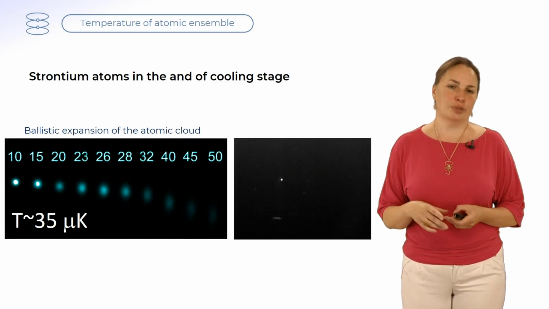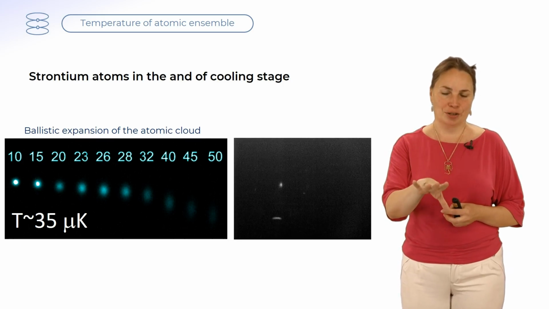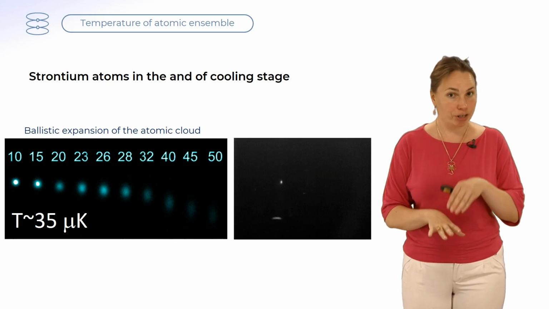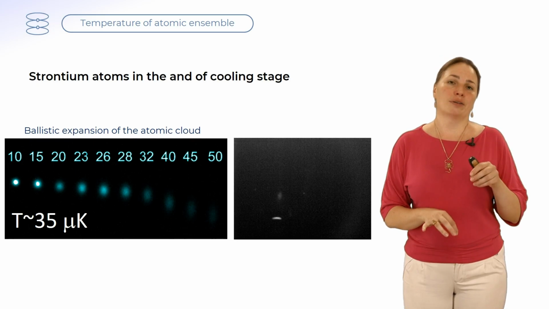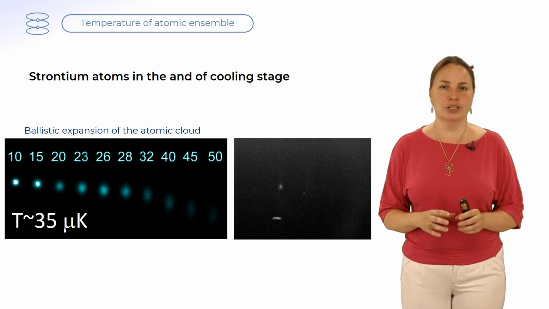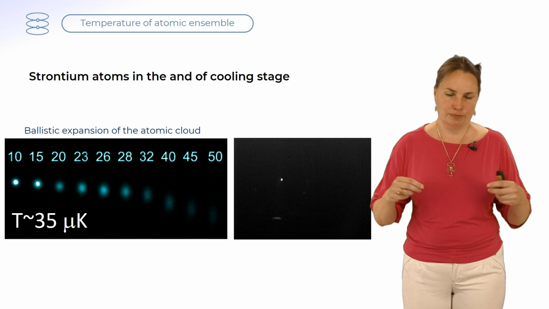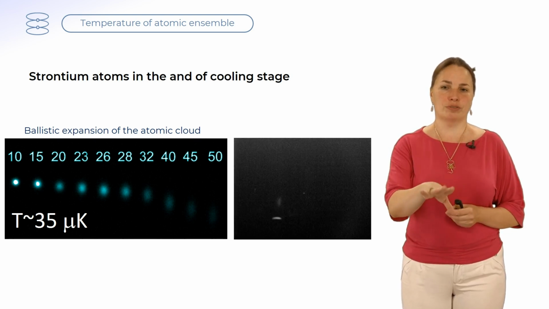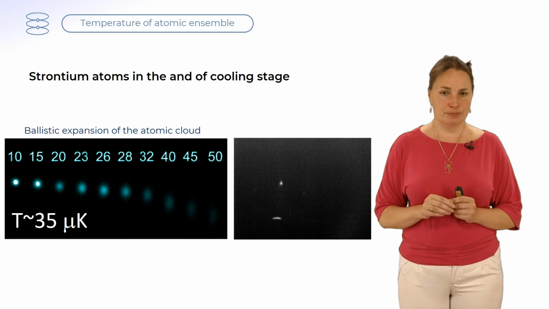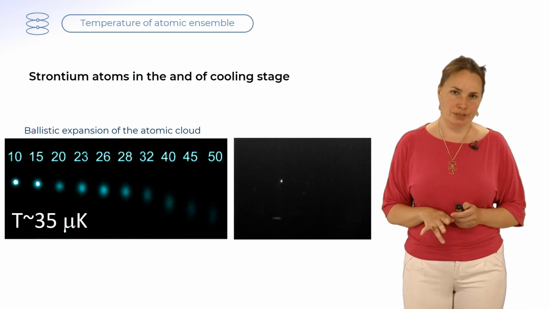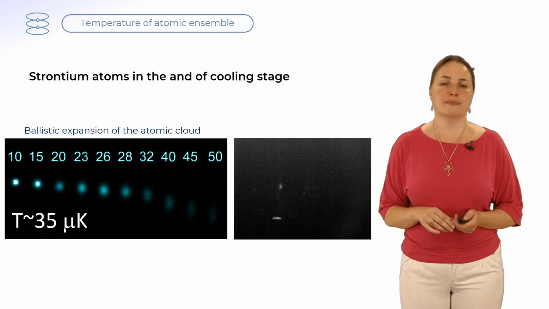And on this small video, you can see how it goes down. This falling we do not take into account because it's directional motion due to the gravitational field. The only thing we are interested in is the expansion. So the expansion gives us the temperature. These are very cold atoms, because the temperature is about 35 microkelvins.